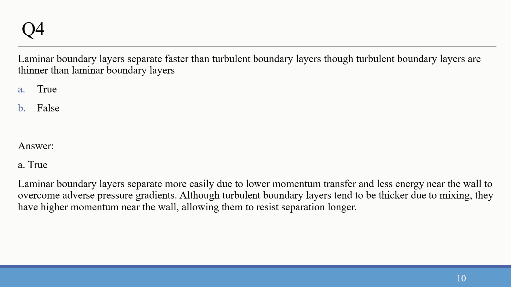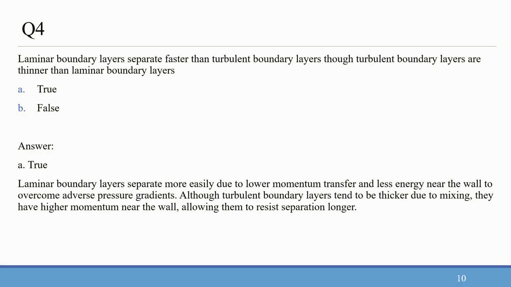Whereas in a turbulent boundary layer, the chaotic mixing transports higher energy fluid from the free stream close to the wall, giving the momentum to resist adverse pressure gradients, so they stay attached for a longer time.